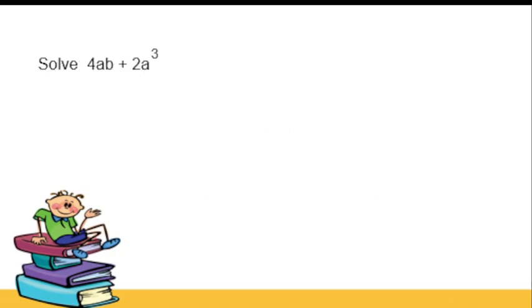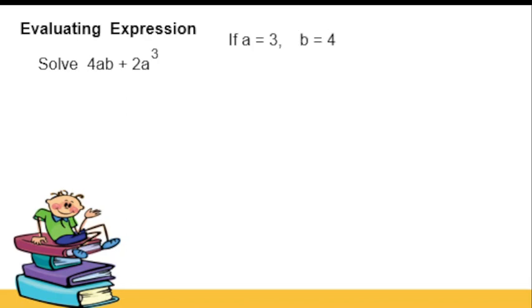Okay, now this time let us proceed to the expression. Let's say you have 4ab plus 2a cubed. The instruction is to evaluate the expression if a is 3 and b is 4.